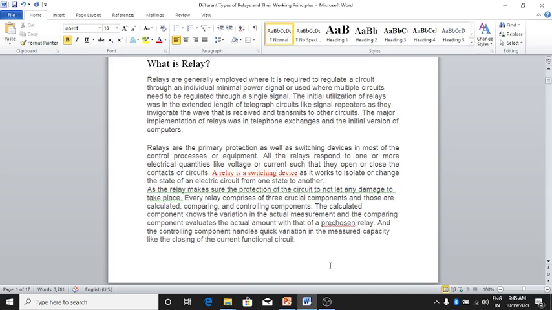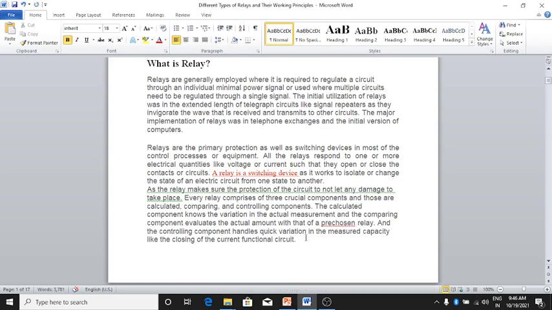The calculated component knows the variation in the actual measurement, and the comparing component evaluates the actual amount with that of the pre-chosen relay setting, and the controlling component handles quick variation in the measured capacity, like the closing of the current functional circuit. Clear.